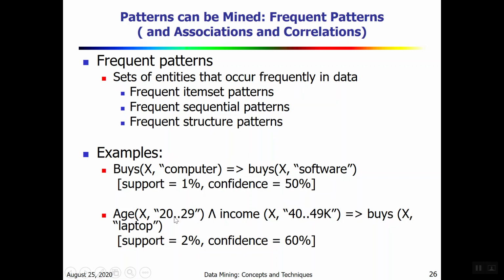Confidence says that among all the customers who have this age range and this income range, 60% have a chance to buy a laptop. So 60% of all the people fitting this set of criteria end up buying a laptop.